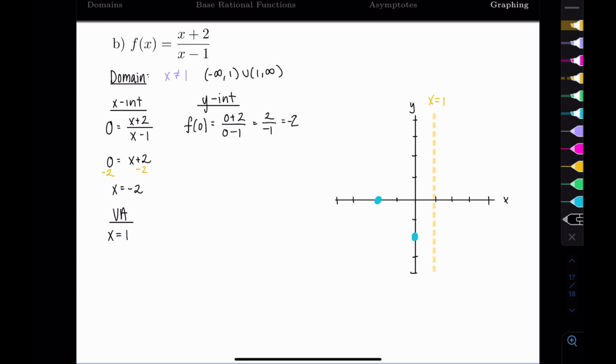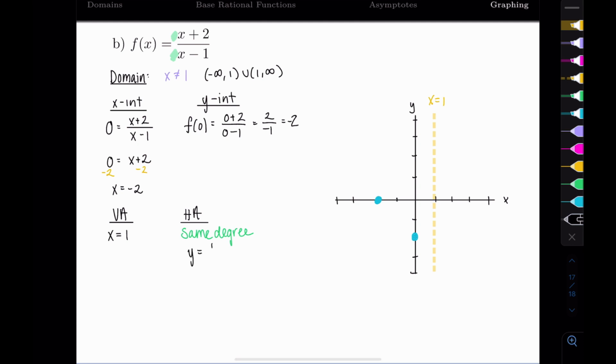Okay. Then for our horizontal asymptote, we compare the degrees, and in this case, they are the same degree. So we look at the coefficients attached to them, but there's nothing that's attached to them, so it's really 1 over 1.